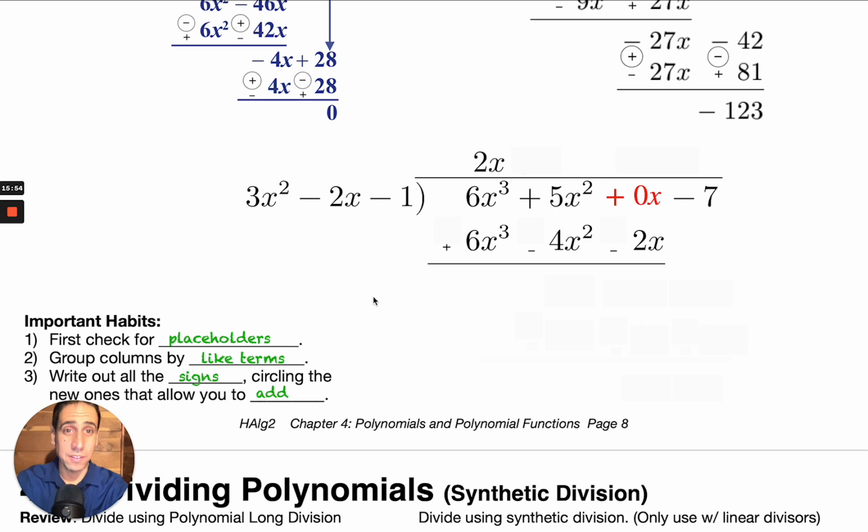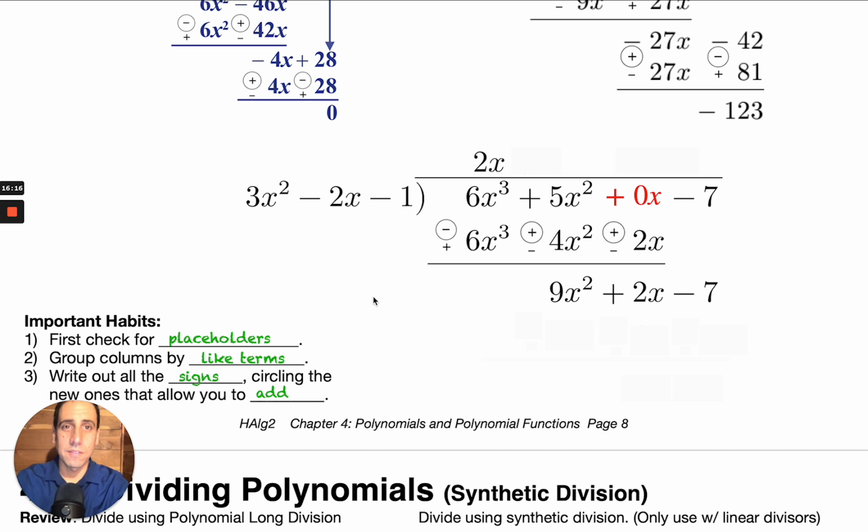Change all 3 signs because we need to subtract, and the 6x cubed and negative 6x cubed cancel out. You add the 5x squared and the plus 4x squared, and you get plus 9x squared. Then 0x plus 2x gives you 2x, and you bring down the minus 7.